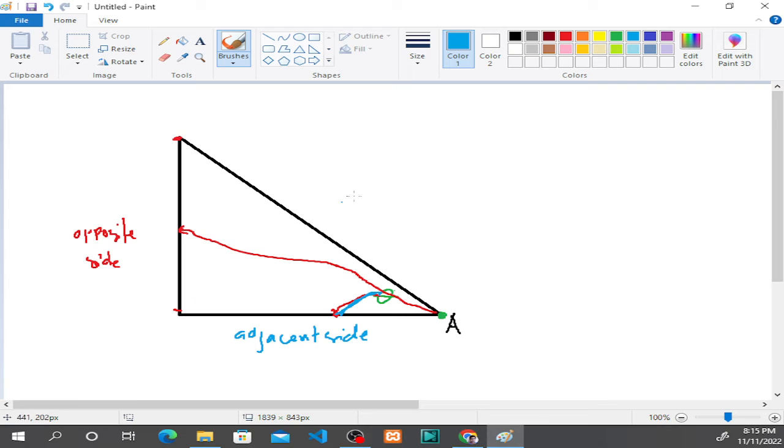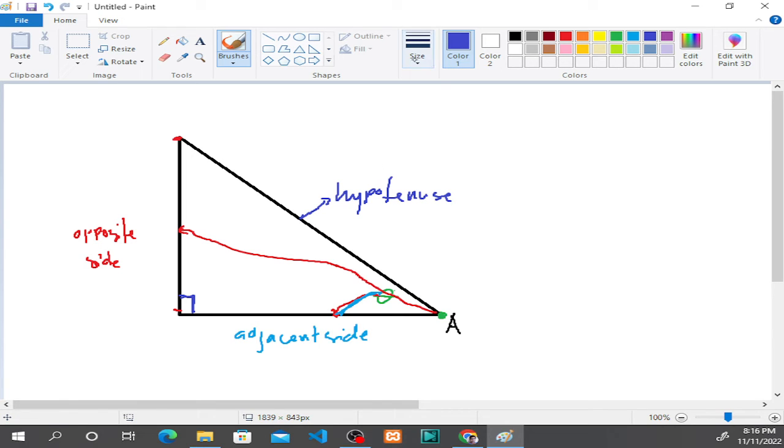And the one opposite the 90-degree angle, or the right angle, is always the hypotenuse. So that's how we identify the sides.